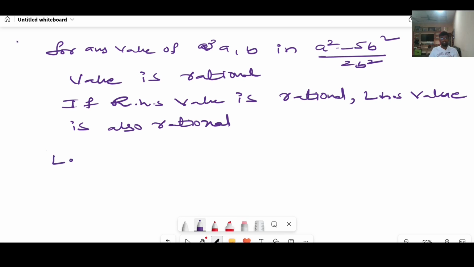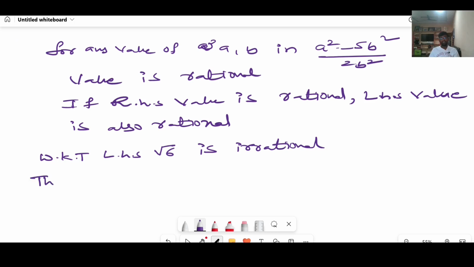But we know that the LHS, root 6, is irrational. LHS root 6 is irrational.